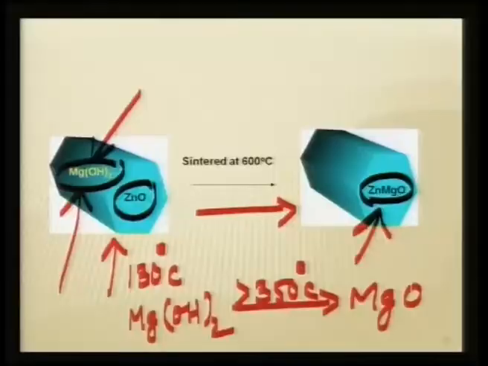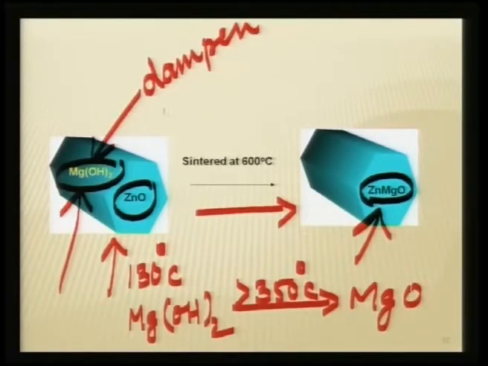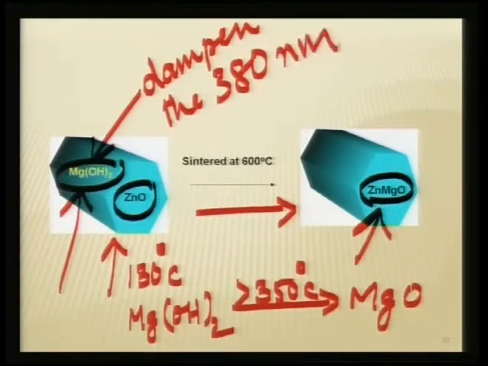Therefore, the magnesium hydroxide seems to dampen the 380 nanometer peak. That is why you see a sharp decrease in the 380 nanometer band to band edge peak, and not only that, magnesium hydroxide is not able to suppress the defect induced emission in zinc oxide rods.